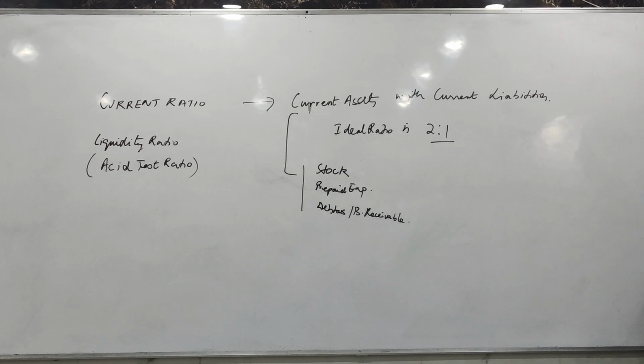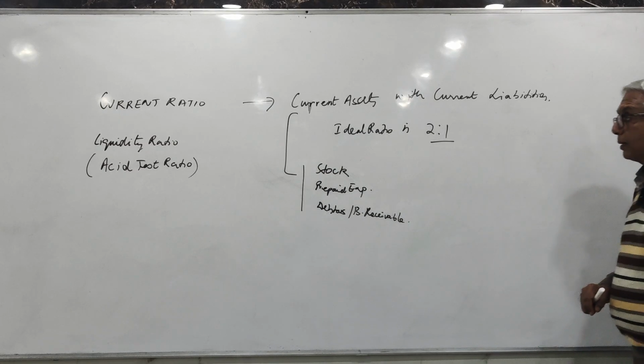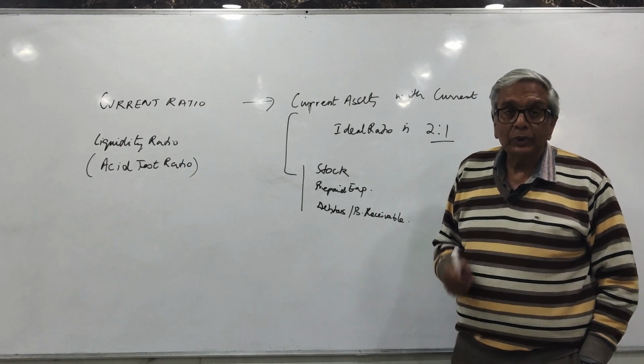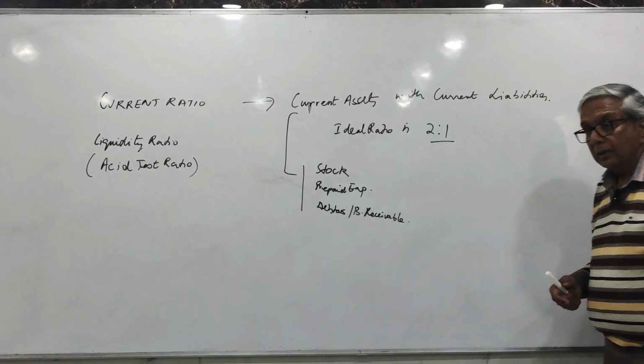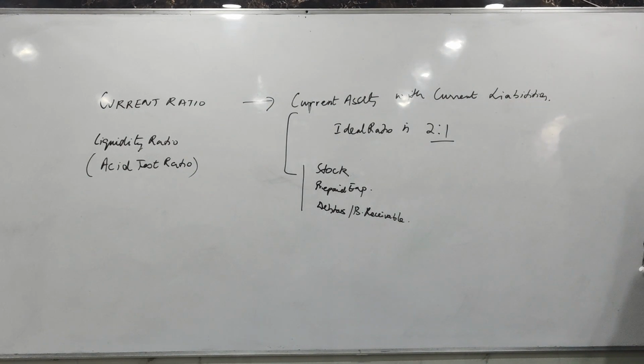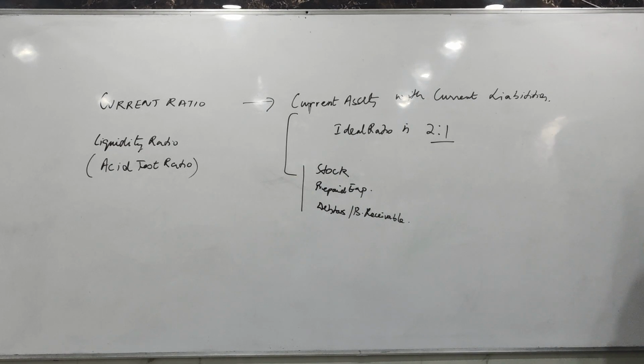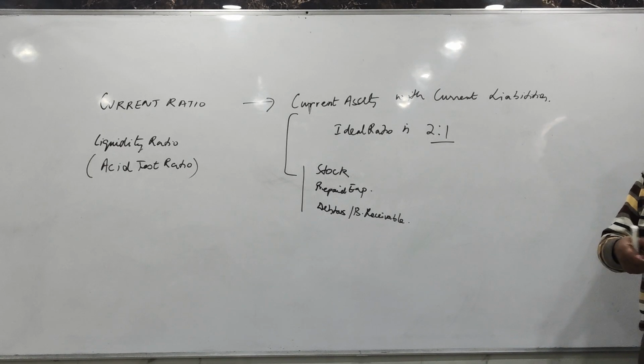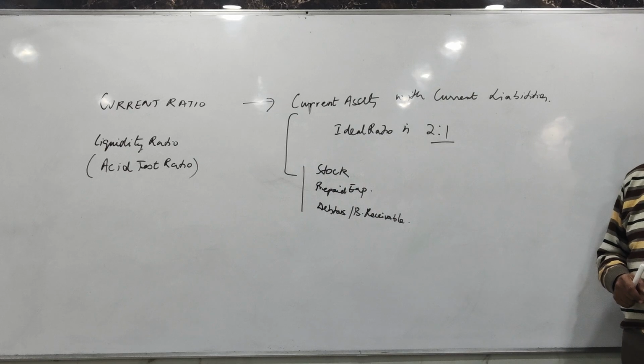Though the ideal ratio is 2 is to 1, having more than the ideal ratio does not affect short-term solvency, but it is not good from the firm's point of view, because it will indicate that you may have more stock which is not saleable, more cash in hand which is not required, or you might have sold goods on liberal terms.